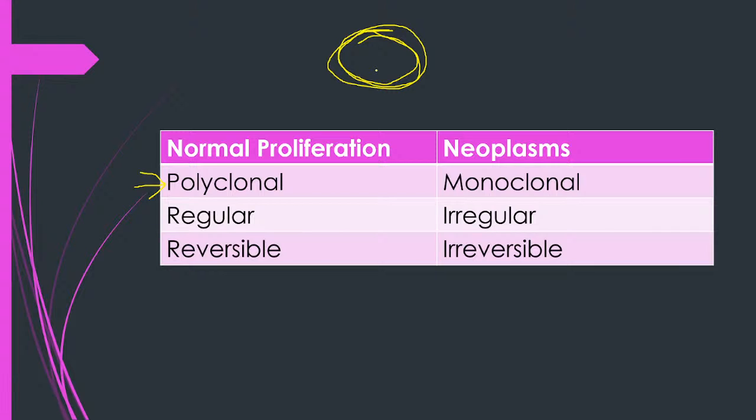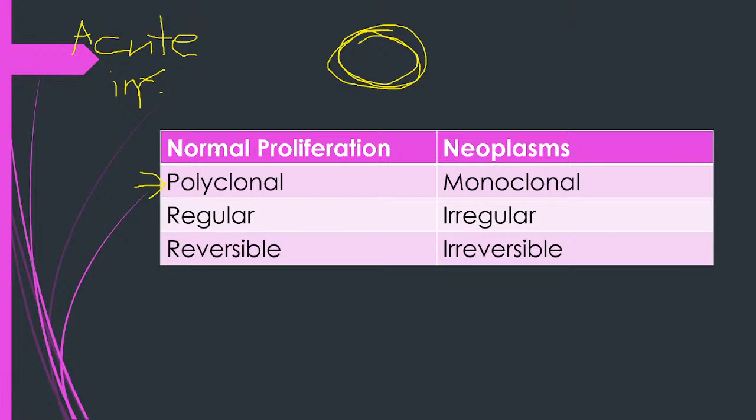which WBC will increase? Can anybody say? Can anybody type or say it in the microphone? However you want to answer that question. Acute infections. What is the major blood cell that increases in number or proliferates?